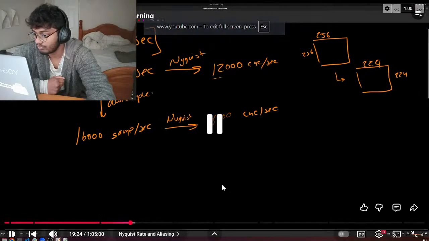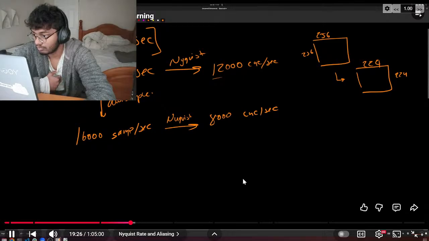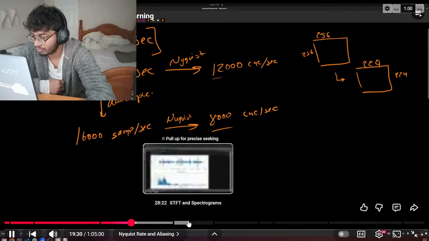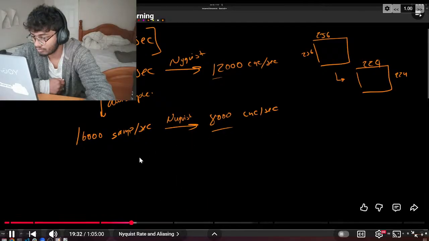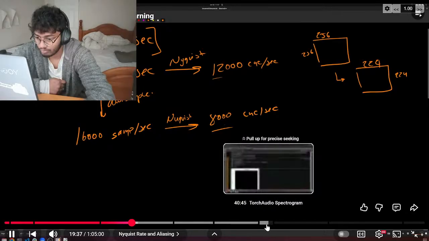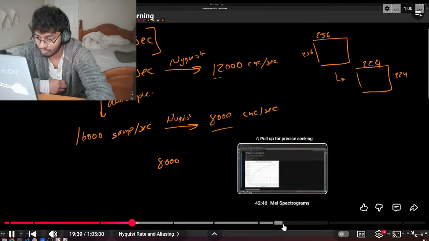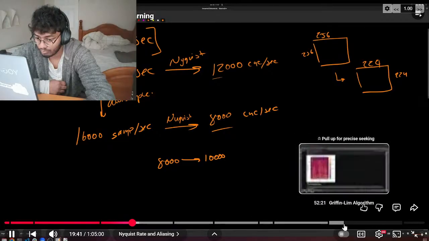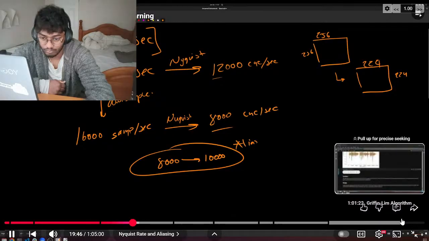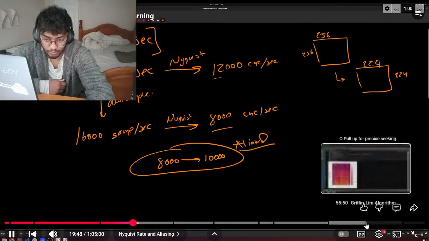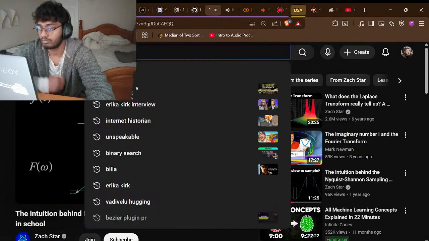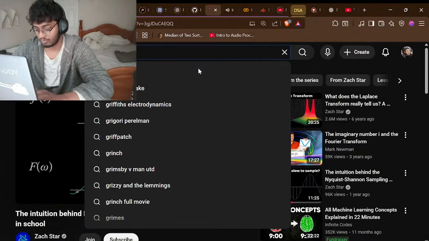But now that I've downsampled my audio from 24,000 to 16,000, the max I can represent is 8,000, which is underneath the 10,000 that I need. So all the frequency information between 8,000 to 10,000 hertz that was in my original audio will get aliased. And so you end up losing that frequency information because your signal just can't contain it anymore. So it has to go somewhere, and so it gets aliased down.